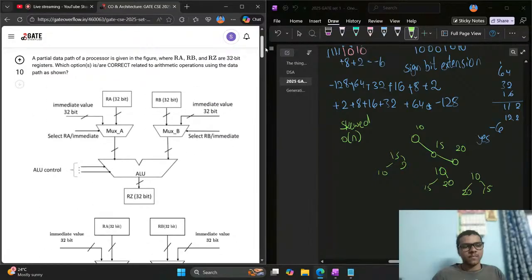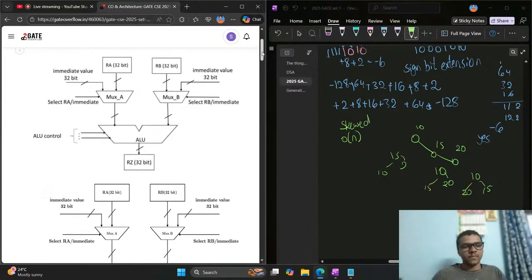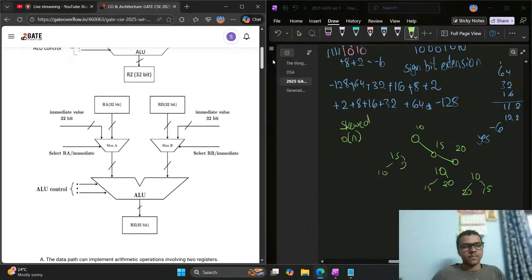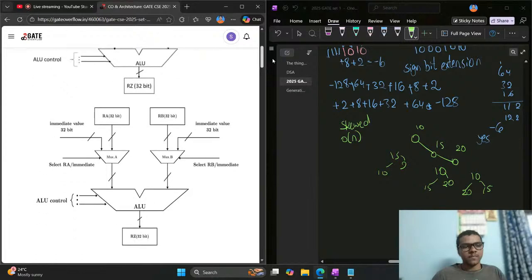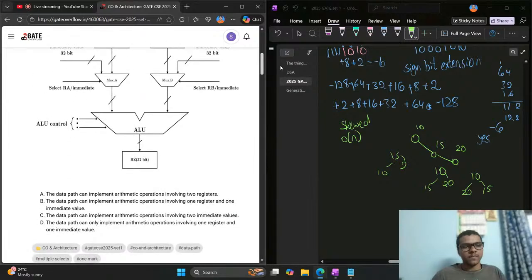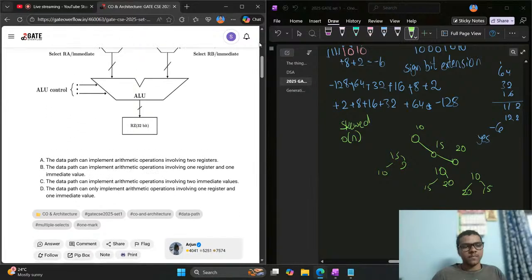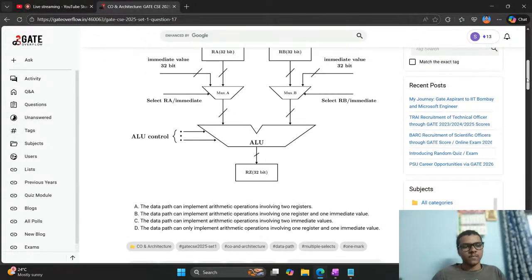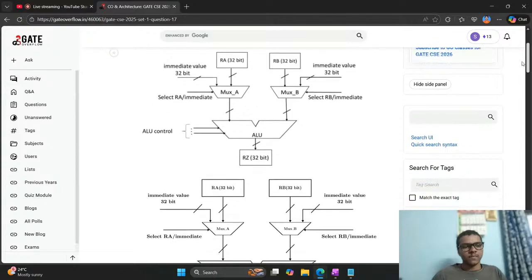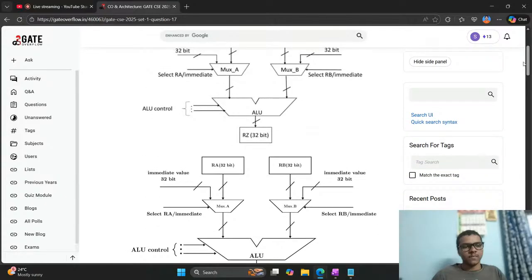The partial data path of a processor is given. RA, RB and R are 32-bit registers. Okay. The same question. Is the same question printed two times? I think so, yes.